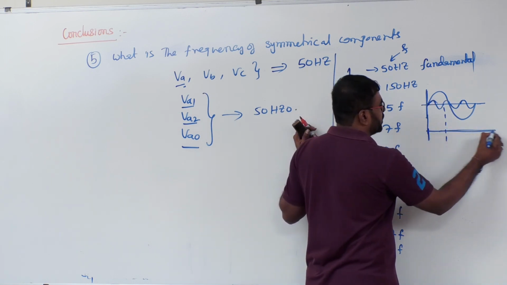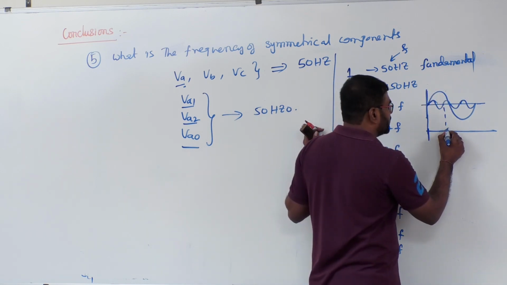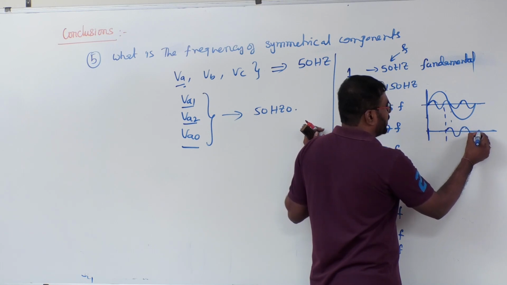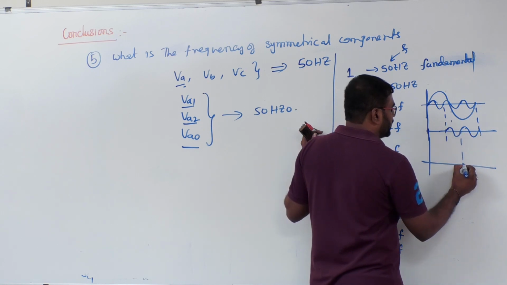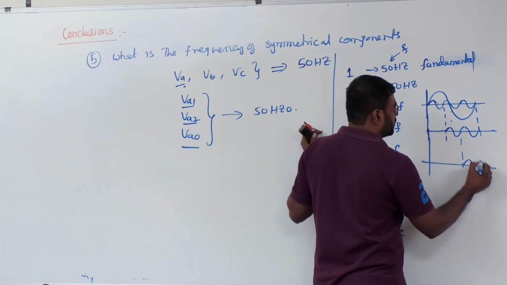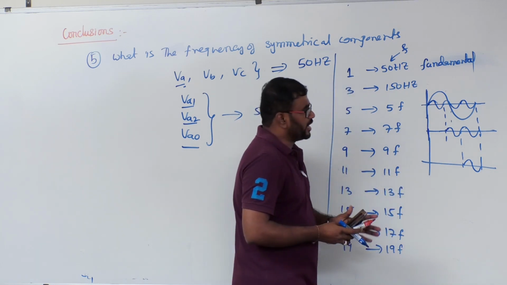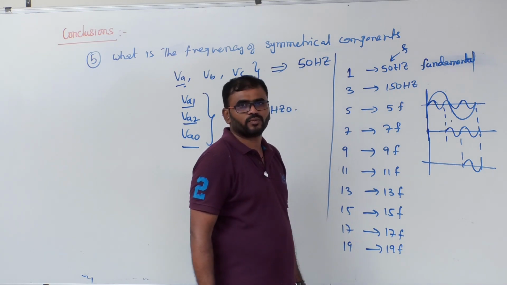Then the Y phase will start after 120 degrees. Same thing we get. In the case of the third harmonic, again after 120 degrees, the C phase will start. So just check: in the case of third harmonic, A phase, B phase, C phase voltages are always in phase.